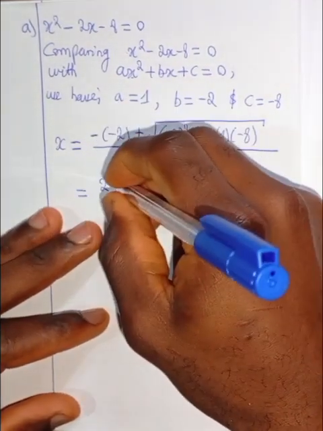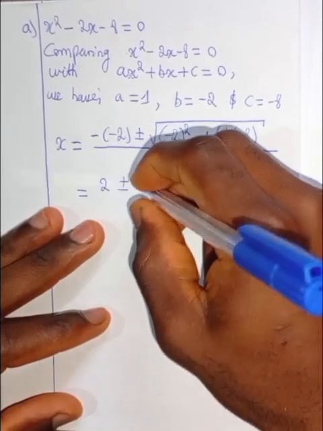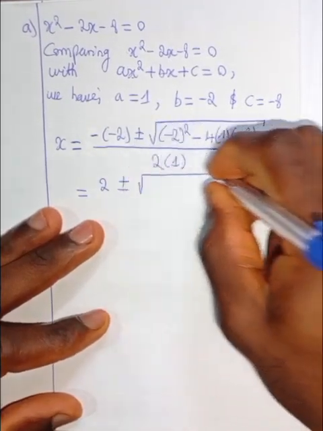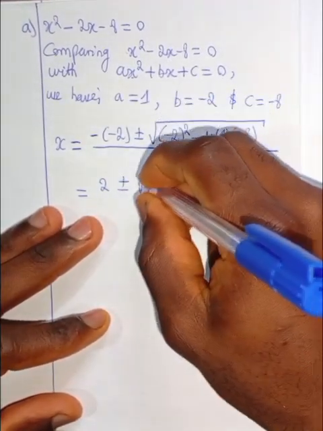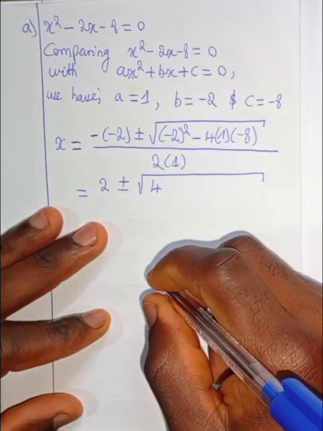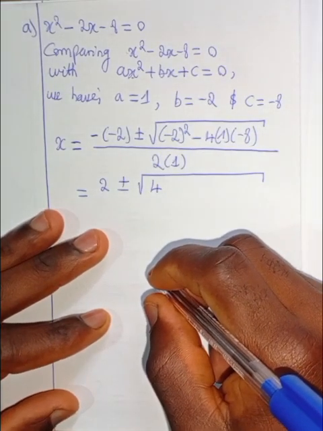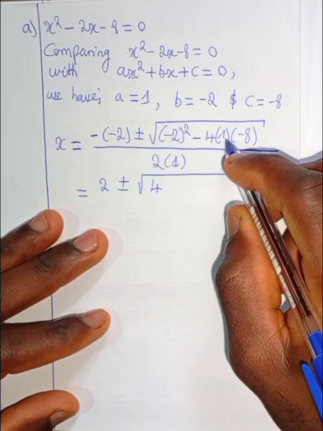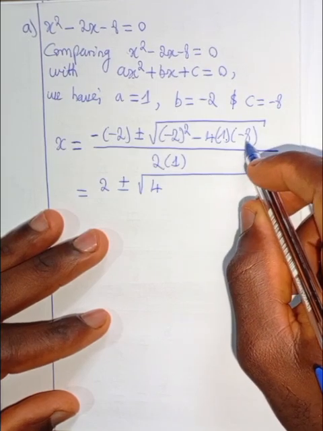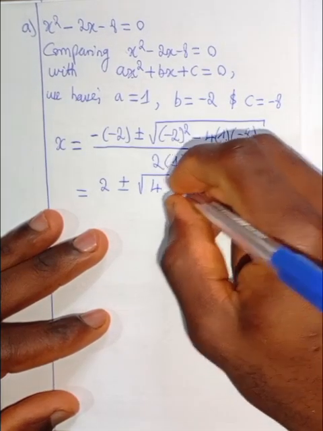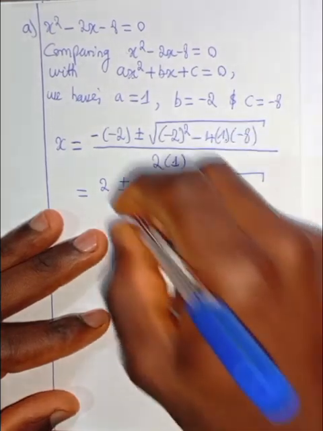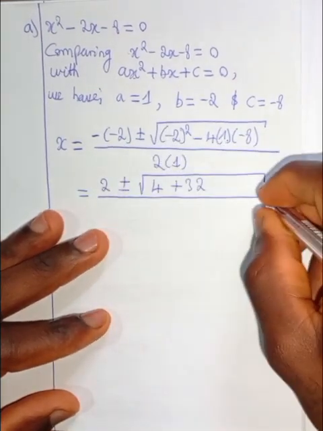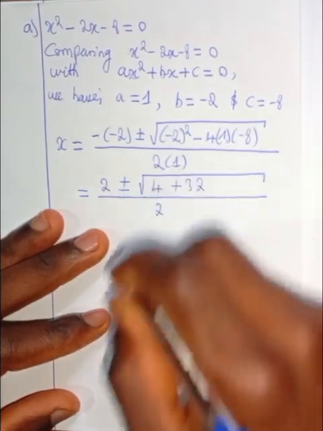Negative here will give us positive 2 plus or minus the square root of negative 2 squared gives us 4. Negative 2 times negative 2 gives us positive 4. Negative 4 times 1 gives negative 4. Negative 4 times negative 8 gives positive 32. Then we divide by 2 times 1, which gives us 2.